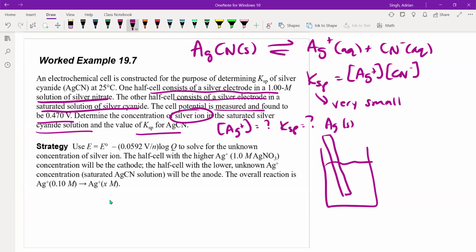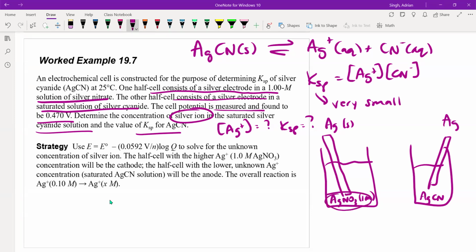One half cell consists of a silver electrode in a 1 molar solution of silver nitrate, AgNO3. And the other half cell consists of a silver electrode, so we have a silver electrode over here as well, in a saturated solution of silver cyanide, AgCN. Now silver nitrate here, as all nitrates are very soluble, is going to give you Ag+ and NO3-. Because nitrates are soluble, the concentration of the Ag+ here is going to be 1 molar as well.